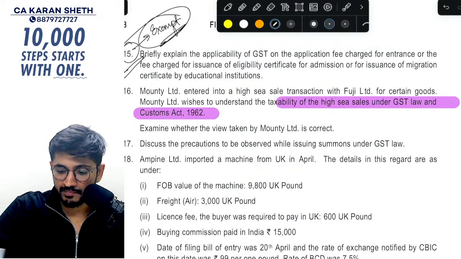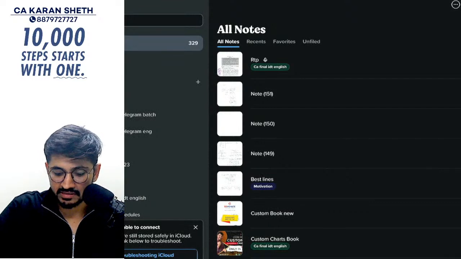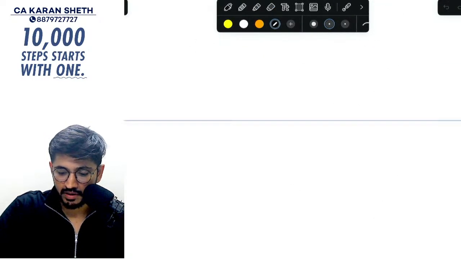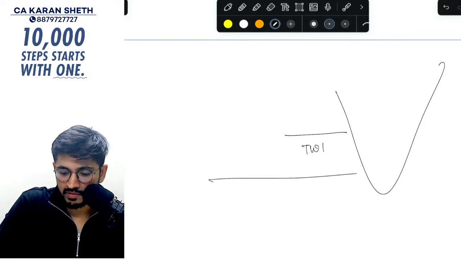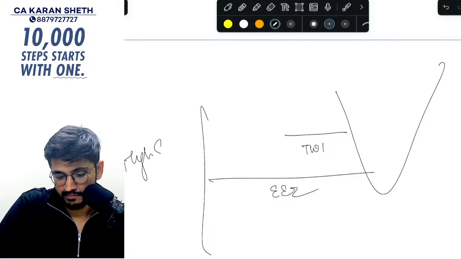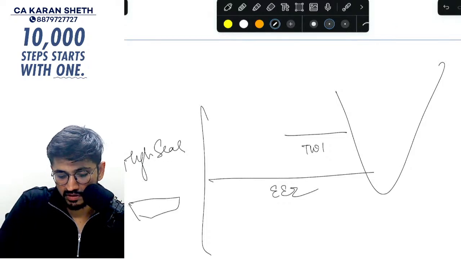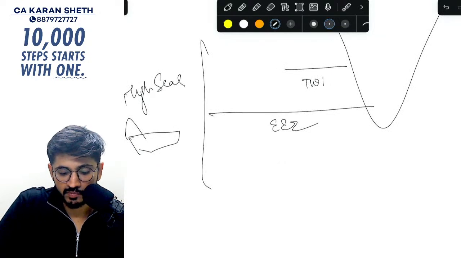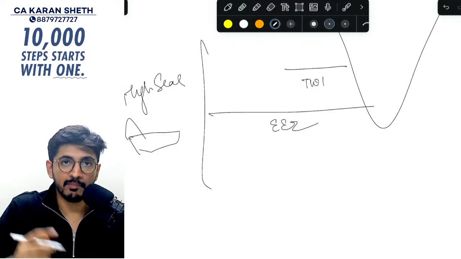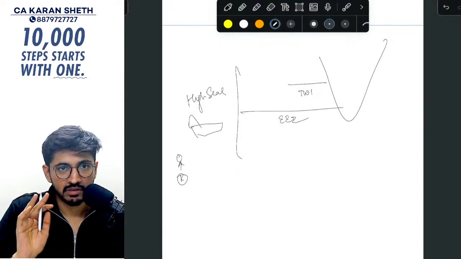Acha, with respect to customs, all I want to tell you is that understand, for example, the goods are in high seas. Okay, so for example, the goods are in high seas, right? This is India, this is TWI, this is SEZ, and this is high seas. Now my goods are out here, correct? Now understand, okay, it was me, let's say it was Karan, who had originally imported goods from US, right?